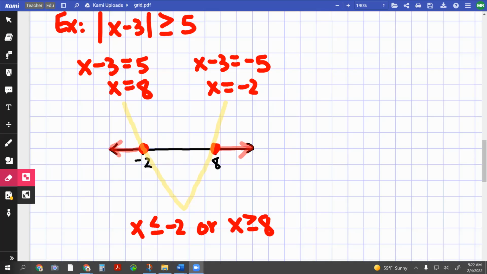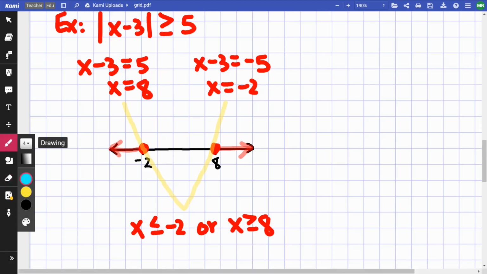So last one, I'm going to have a little bit more going on with this one. So let's say I have, let me grab my example, I changed it up.